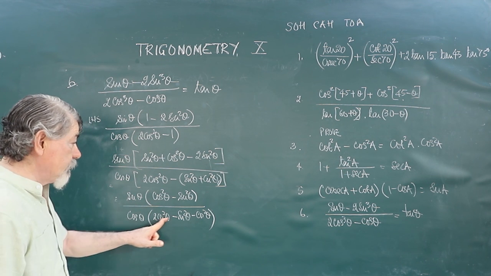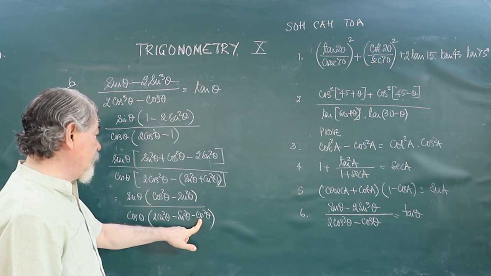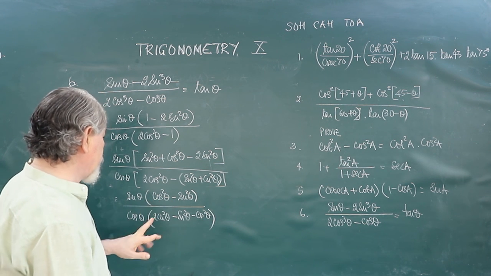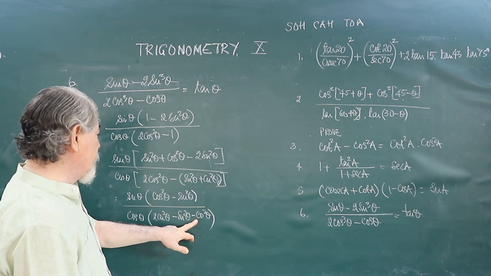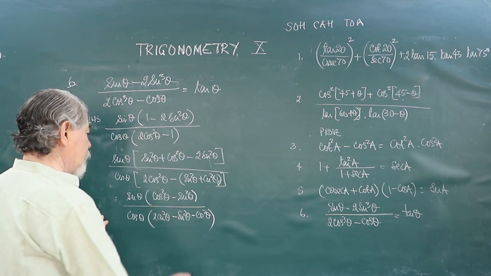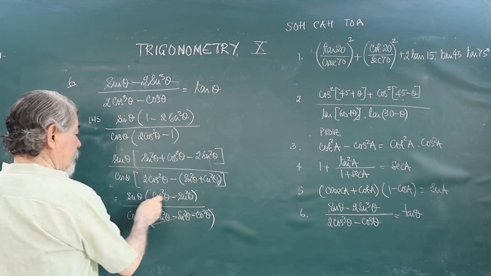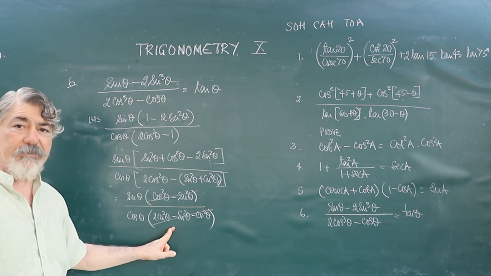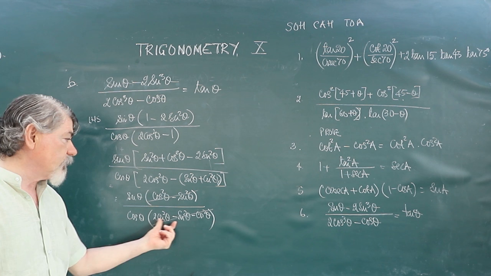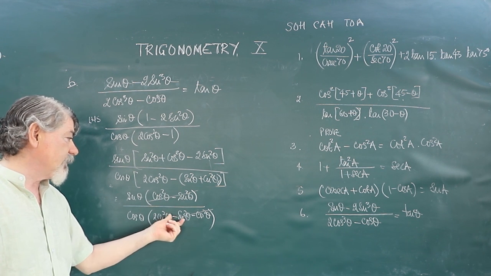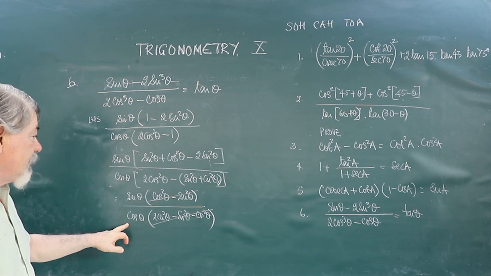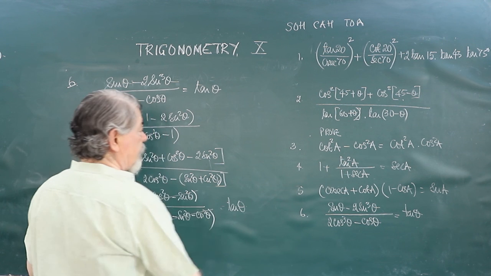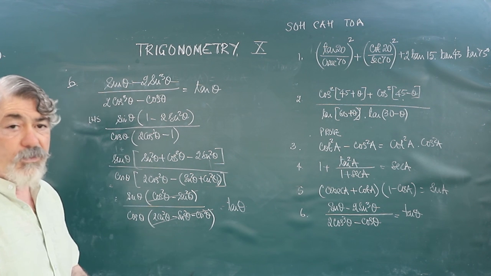So from 2 cos square theta minus cos square theta, what will you get? Here I have got cos square theta minus sin square theta. Here 2 cos square theta minus cos square theta will be cos square theta minus sin square theta. So this and this will cancel. What do I get? Sin theta upon cos theta, which is tan theta. So we have got the value we wanted.